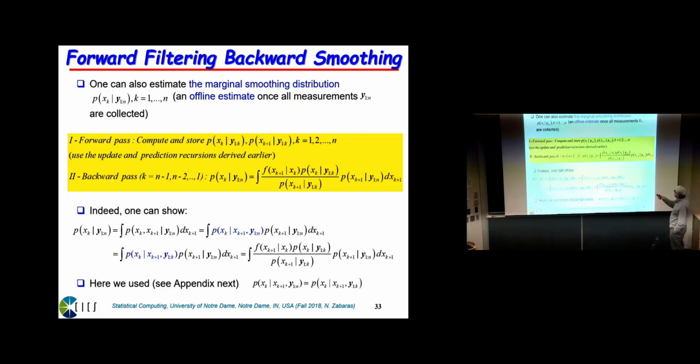And you can see it's backwards because this is the smoothing distribution at step k plus 1 using all the data, and this is the smoothing distribution at time k using all the data, and the rest are basically the filtering distribution, and the one-step predicted distribution.